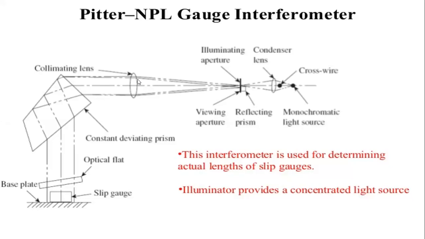Next one is the collimating lens, and this is the prism, that is the constant deviating prism, and optical flats and slip gauges to be tested, and last one is the base plate.